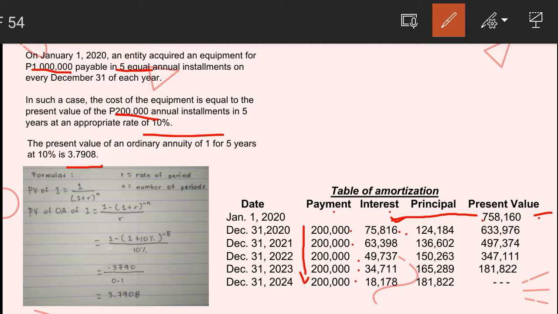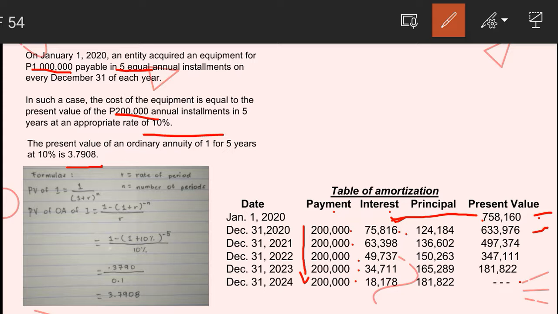Then you deduct it from the present value to get the next present value, for December 31, 2020. Continue until the balance reaches zero. That is the table of amortization.